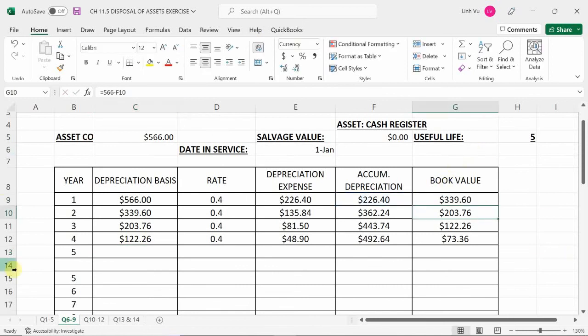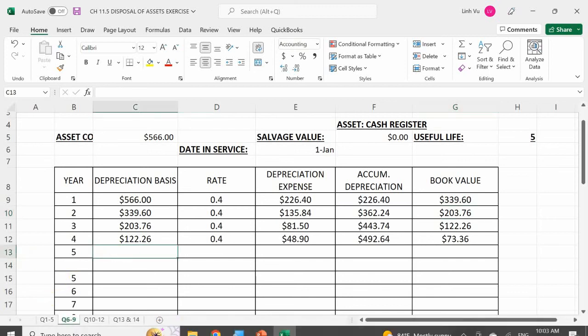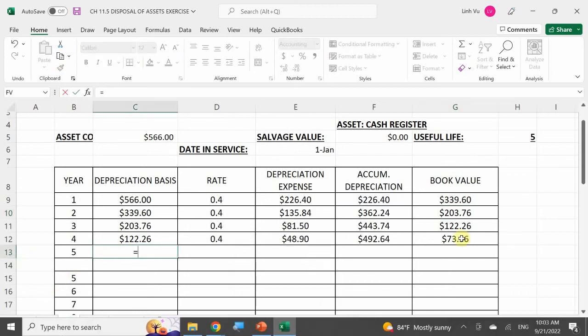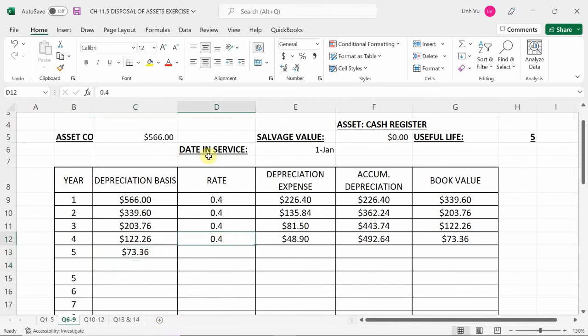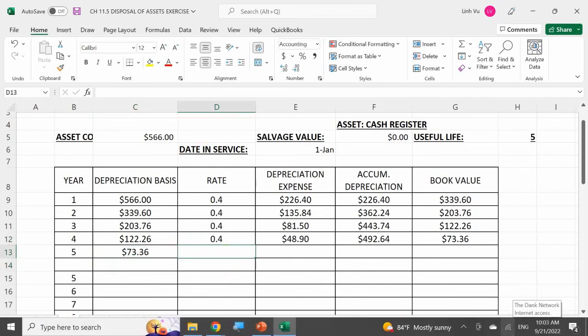Is it 73.36? Correct. 73.36. What is my rate going to be? It will be the same, which is 1 divided by 5 times 2, right? 40%. Okay.